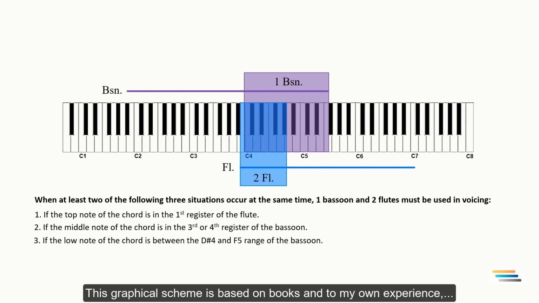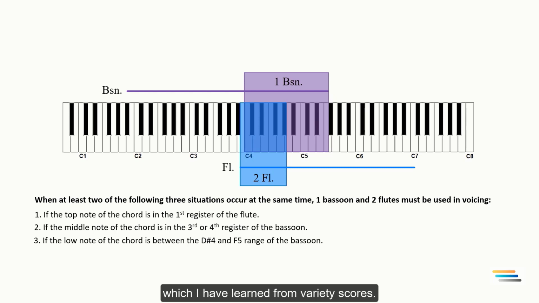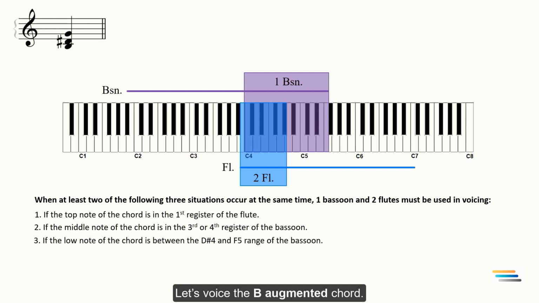This graphical scheme is based on books and on my own experience, which I have learned from various scores. I will show this on an example. Let's voice the B augmented chord. The top note of the chord always should be played on flute.